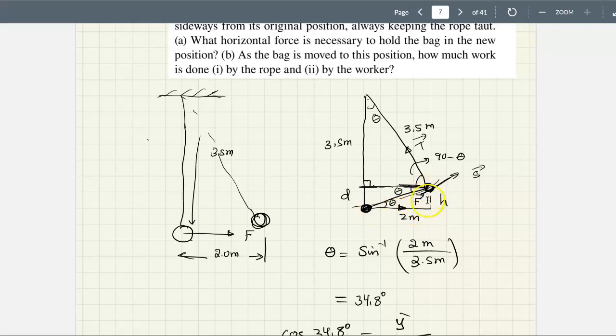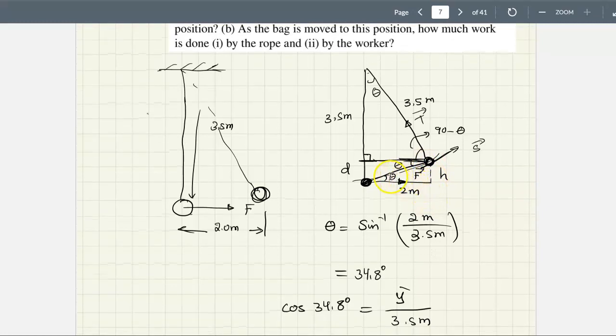I need to find that height here, and we can calculate theta as sine inverse of 2 meters divided by 3.5, because this is going to be 2 meters, and this is theta, this is the opposite to theta, and this is the hypotenuse.